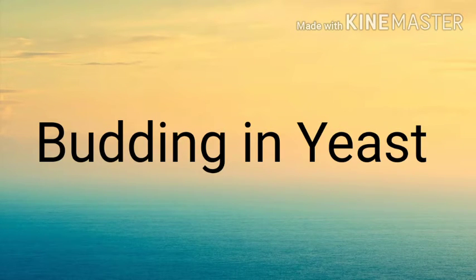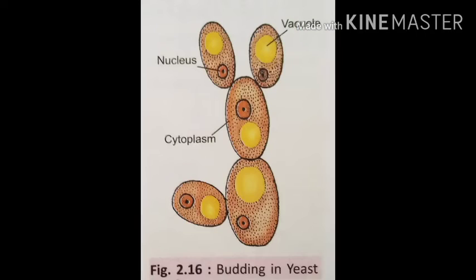Budding is a type of asexual reproduction in which a new organism or a daughter cell develops from an outgrowth or bud. The small bulb-like projection or outgrowth coming from the yeast cell is called a bud.